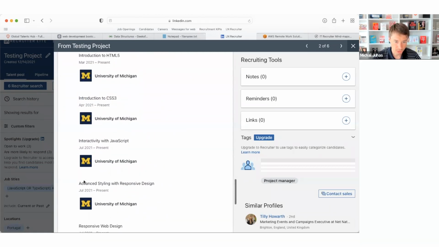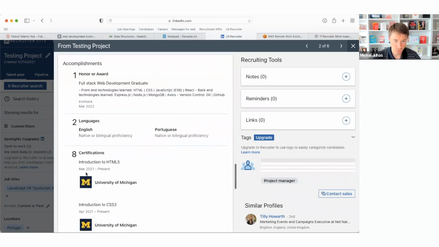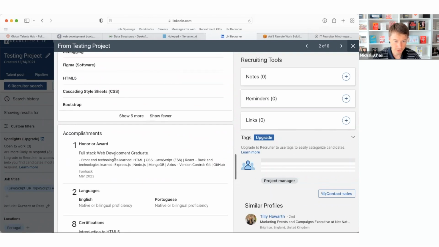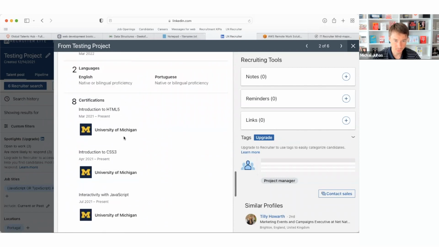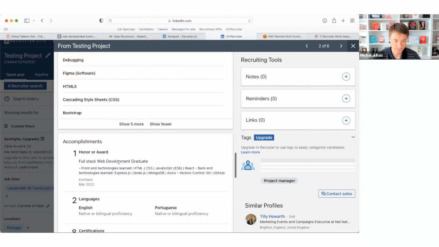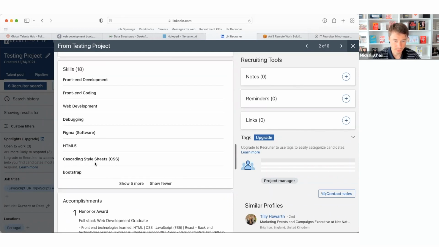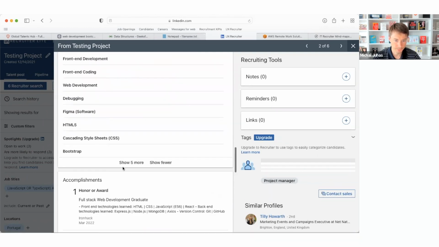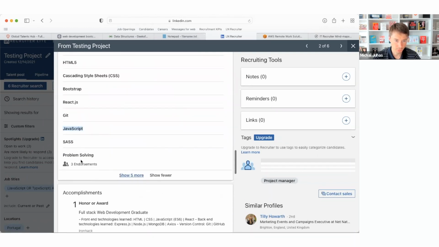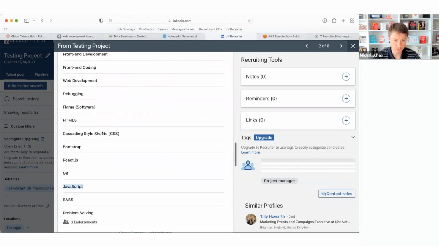No other keywords, advanced styling, no. Version control, no university, no. Fullstack web development, graduate, problem solving, JavaScript, React.